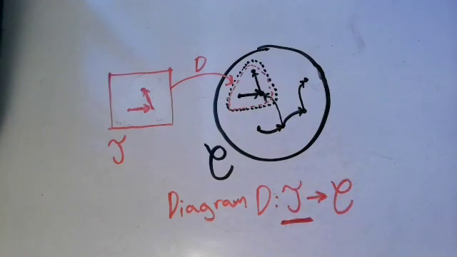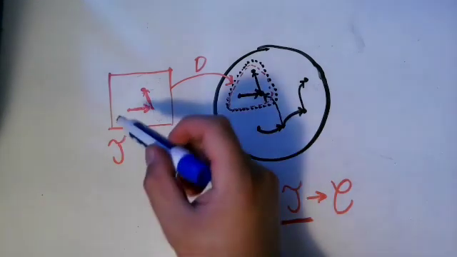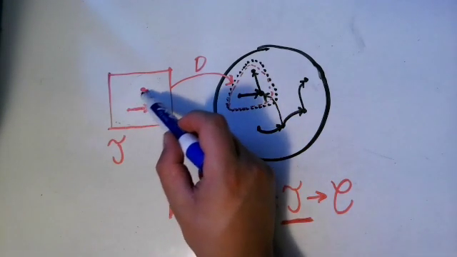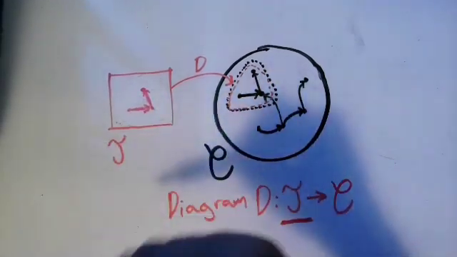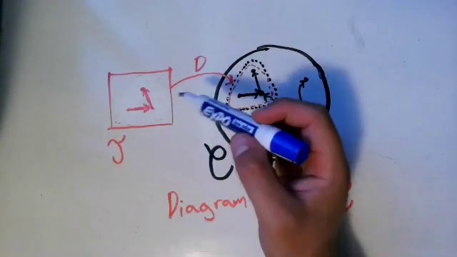And of course, if these were the only morphisms in our index category, this would not be a full-fledged category because we don't have identity morphisms, and we also need to be able to compose these two morphisms, and we don't have a morphism going from this object to this object.